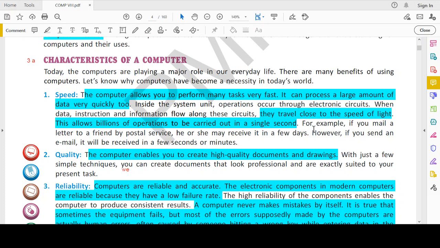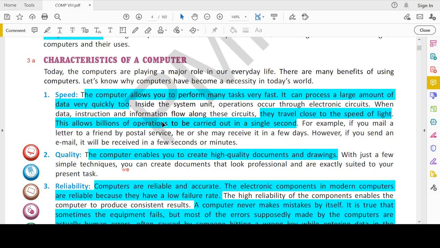If you mail a letter to a friend by postal service, he or she may receive it in a few days. However, if you send an email, it will be received in a few seconds or minutes. So that is a wonderful thing.